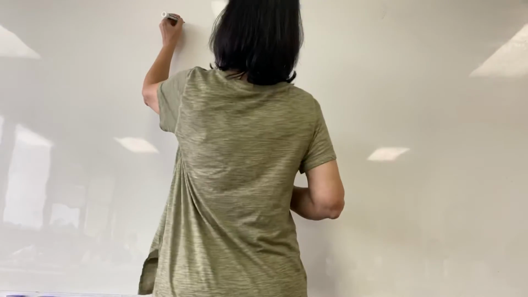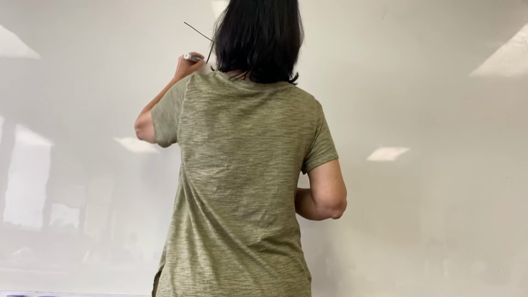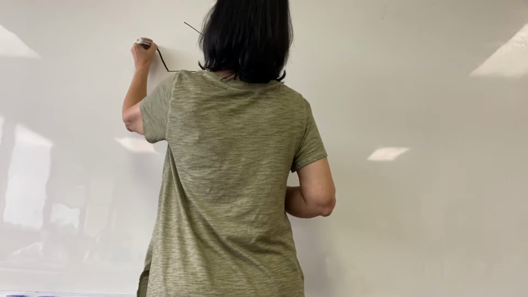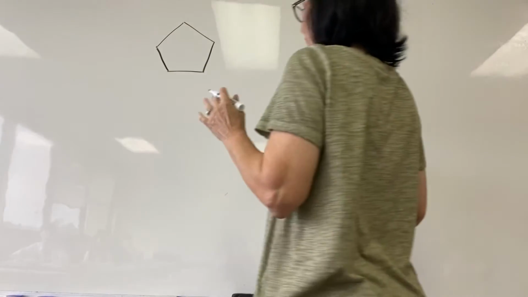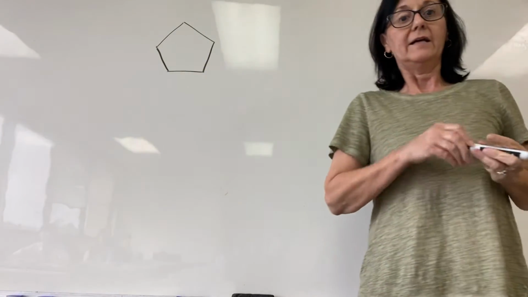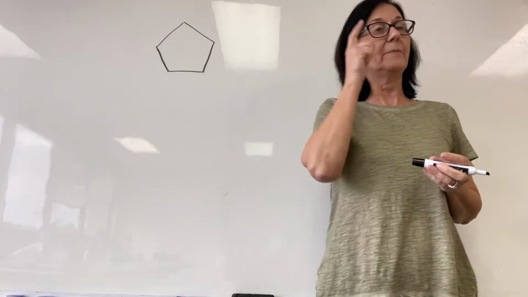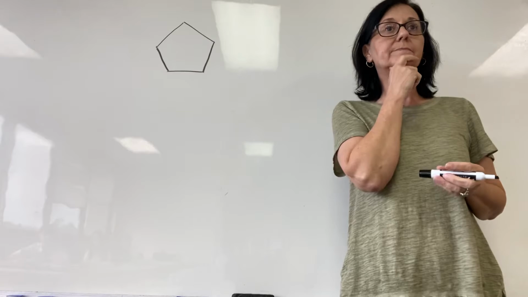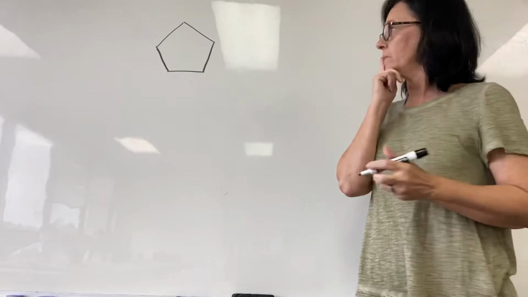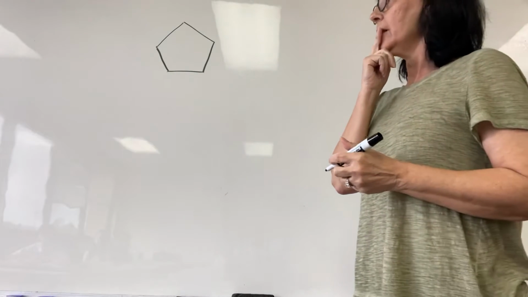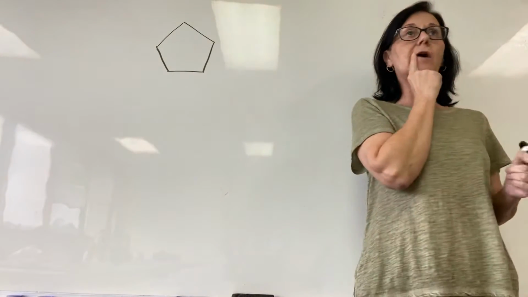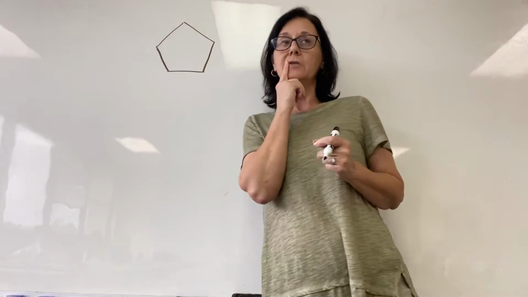Okay, so now I want to go back. I'm going to try to draw a regular pentagon. That's pretty decent. Okay, let's say that is a regular pentagon. Equiangular, equilateral. All right. How would I construct a circumcircle?